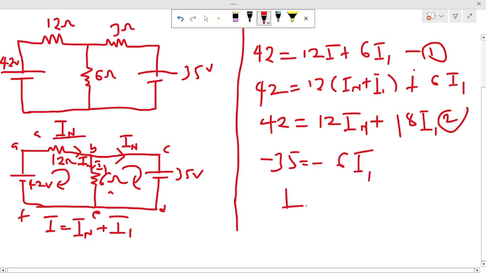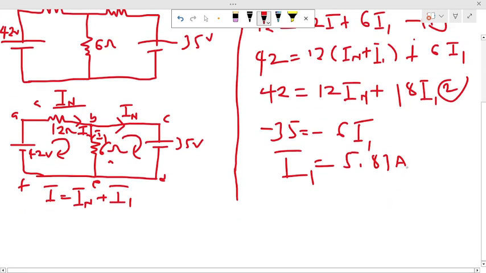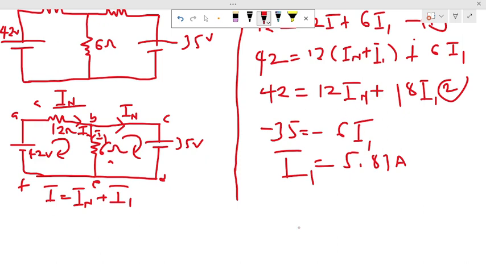Then you get I1 to be equal to 5.83 ampere. So we can put this I1 into equation 2 to find the Norton's current, right?